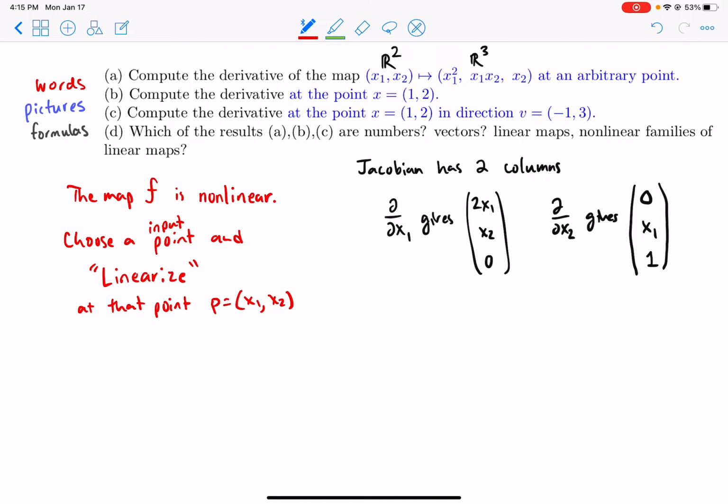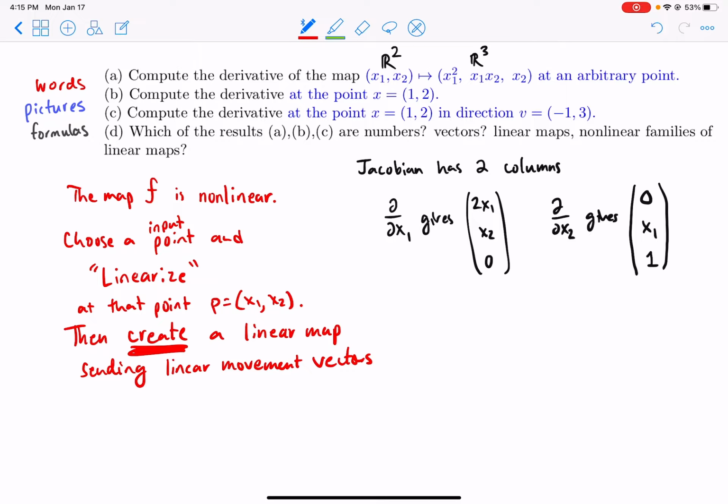Then what we're going to do, once we've chosen a point, is create a linear map sending movement vectors, V, to a linear combination of Jacobian columns.